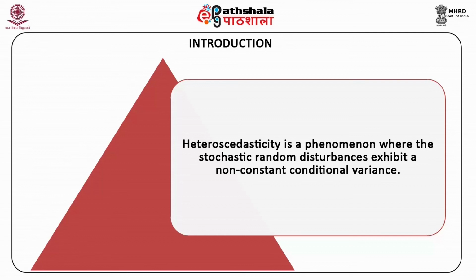It occurs when the disturbance term Ui of all the observations has a non-constant conditional variance. It may be a result of specification errors or data issues, and it may be anticipated in most regression models with cross-sectional data, especially in cases where the scale of the dependent variable varies across the observations. It can also be observed in highly volatile time series data.